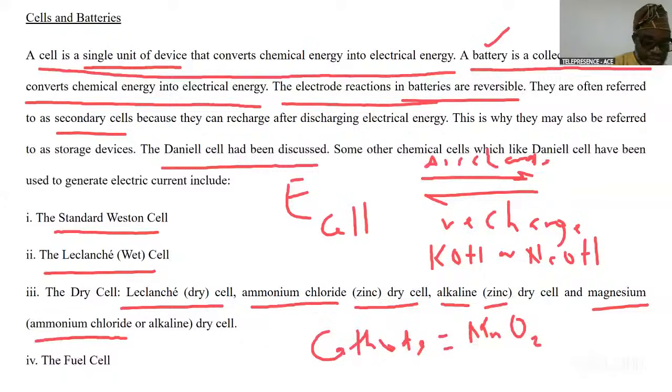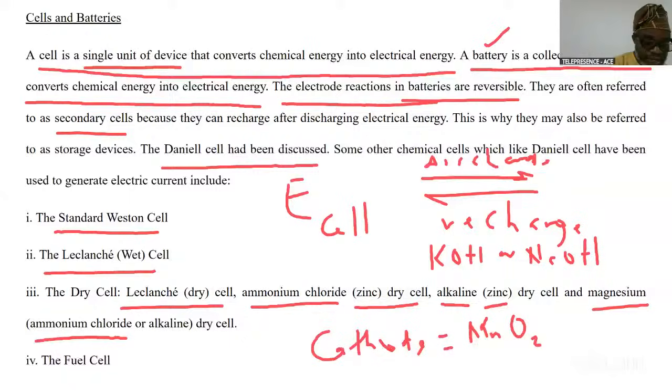So let us look at the Leclanché wet and dry cell together. In the wet cell there could be spillage, because the electrolyte, which you can see here, is aqueous ammonium chloride solution, ammonium chloride salt dissolved in water.